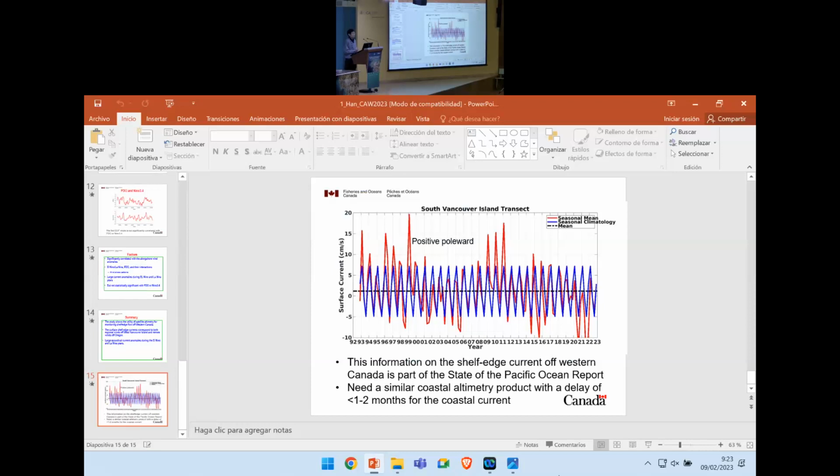Then there are the 3-day products, for actually 1 to 2 days, 36 hours in the case of Sentinel-6, and I think it's 48 hours in the case of Jason-3. And then, of course, we have the 1 month product for Sentinel-6, 2 months for Jason-3.